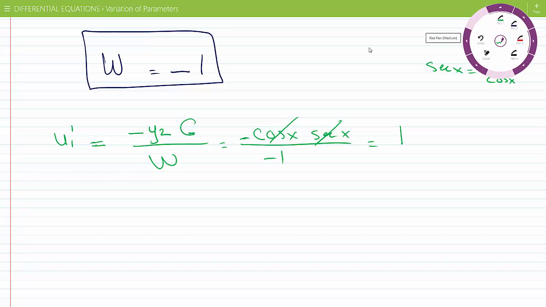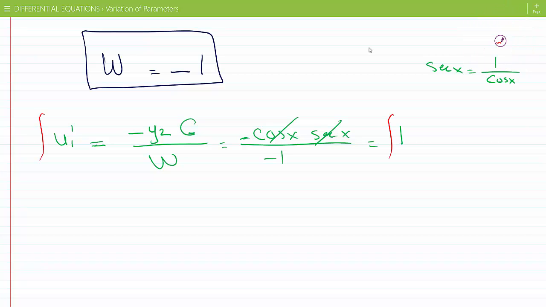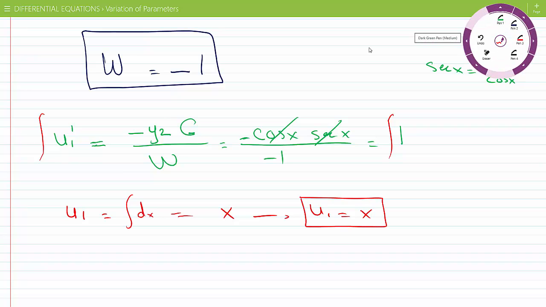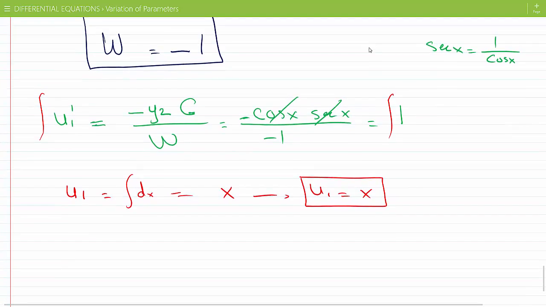So if we integrate both sides, we get u1 to be the integral of dx, which is x. So u1 equals x. And now we go to u prime 2.